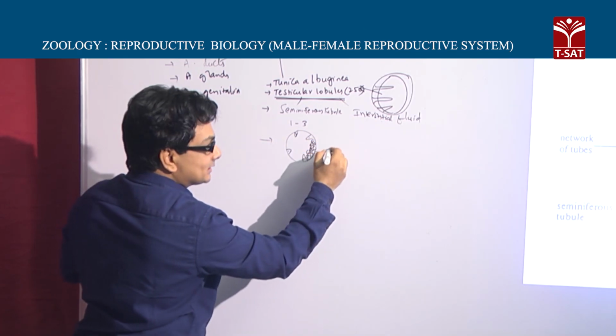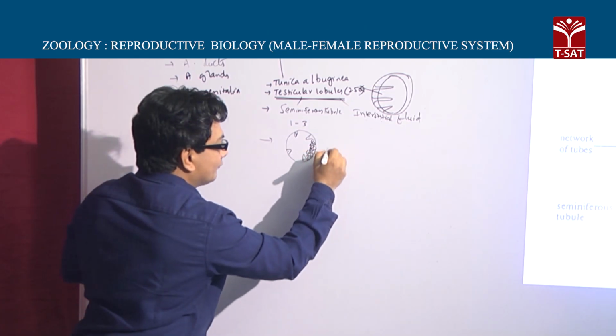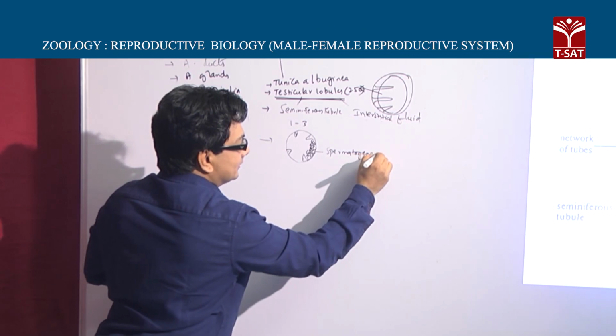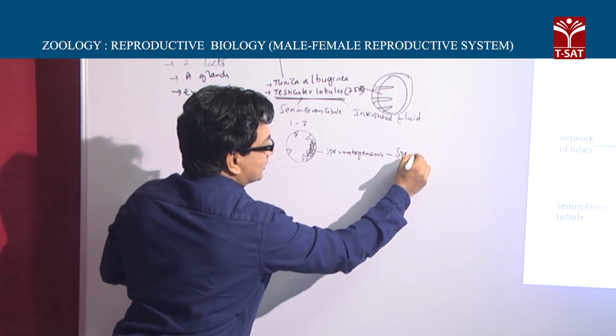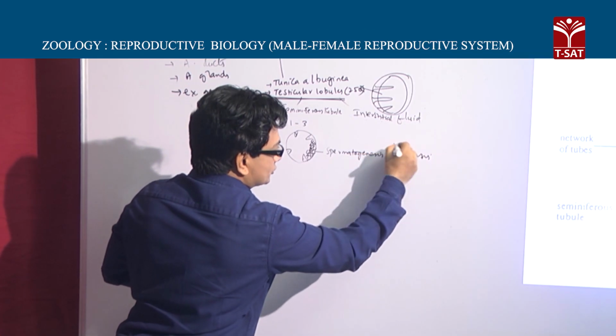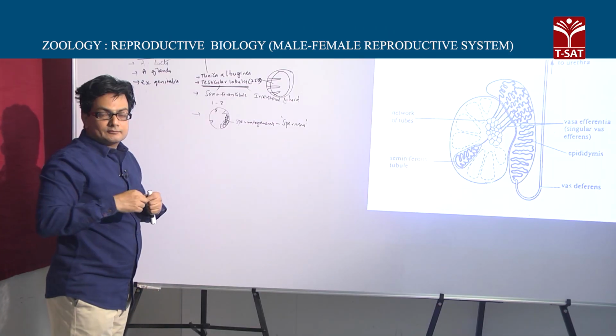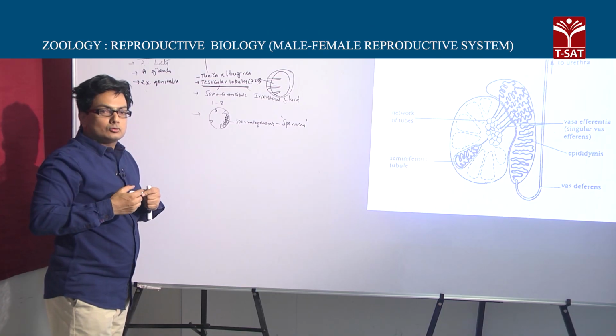The germinal epithelial cells, the germ cells, will perform a process called spermatogenesis to produce the male gametes which are called the sperms. The various stages or events in spermatogenesis we will discuss in the topic called gametogenesis.